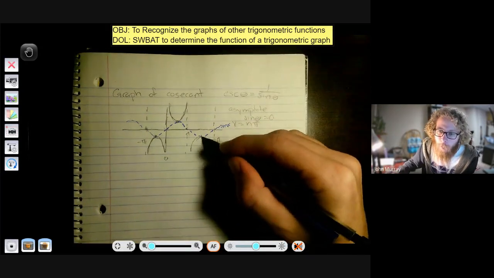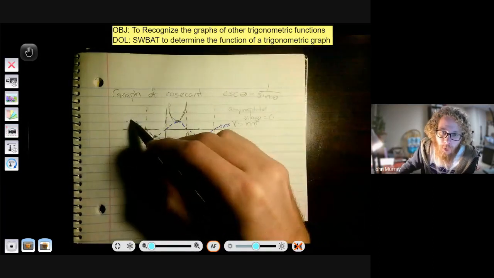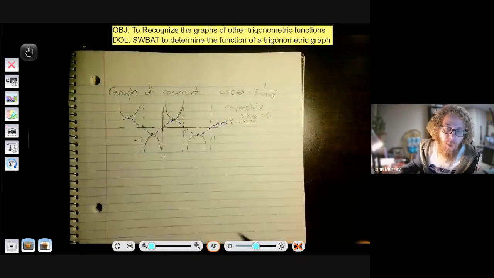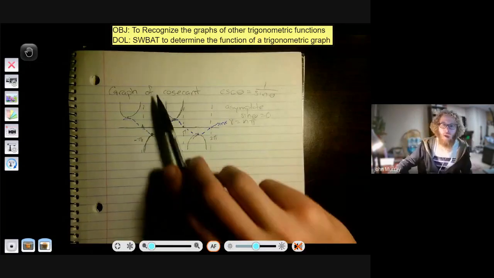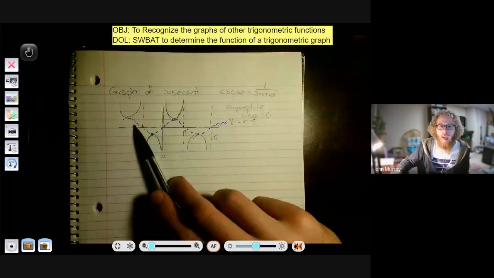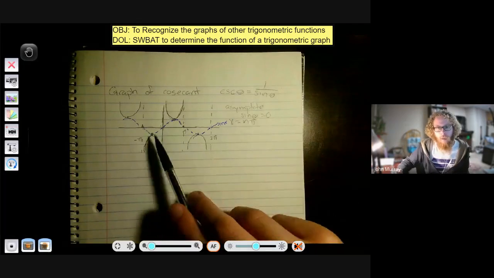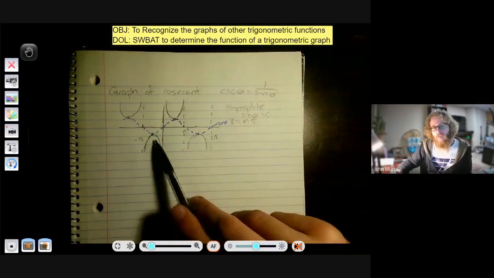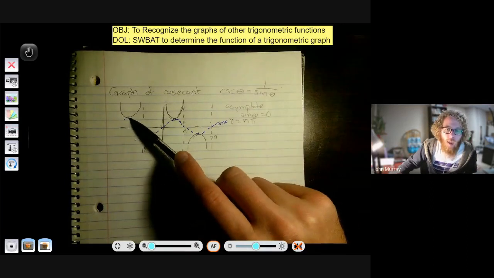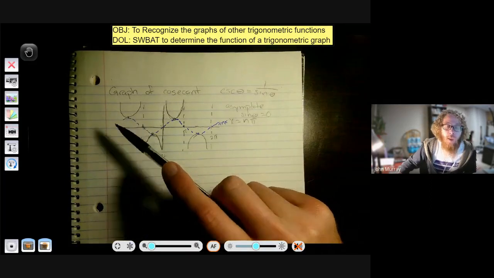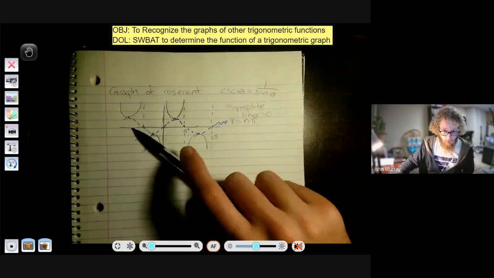Same thing over here. Up here, we're going to have that upwards parabola. So our cosecant function is going to have these alternating parabolas that correspond with the maximums of our sine function. So here, the minimum of the cosecant is going to be the relative maximum of our sine.